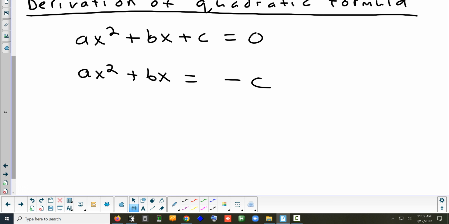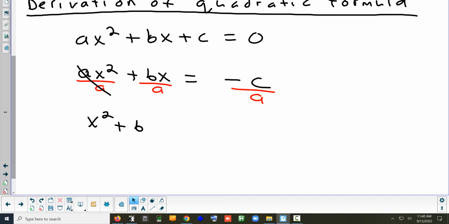Divide everything by a. So now you're going to start to see this right-hand side look more and more like the quadratic formula. So we have x squared plus b over a x equals negative c over a.